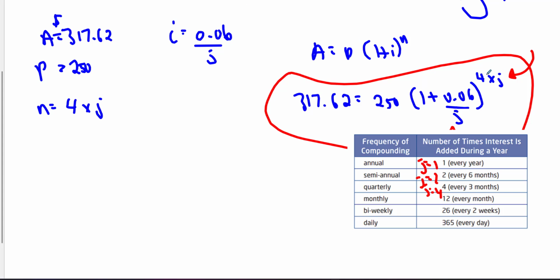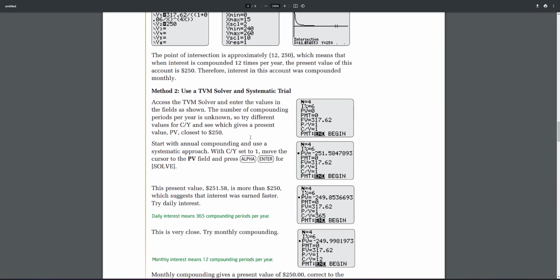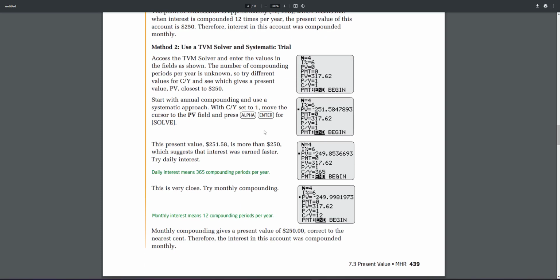Plug in 1. So that means it's going to be 250 times 1.06 to the power of 4. Because if I plug in 1, it doesn't change 4 and 0.06. I plug this into the calculator to see what I get. You'll realize that that is not the right answer.